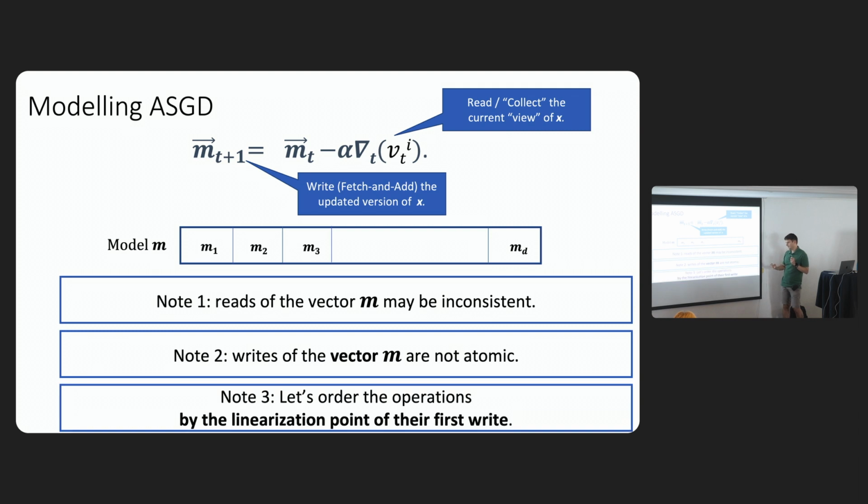So in order to make any sense of this, we'll assume an ordering of the iterations. Whenever I say T, I'm going to order them by the linearization point of the first write. This means that whenever the processor starts writing, it has already obtained its view and generated the gradient based on this view, because that's a precondition in its own control flow to writing the first entry.